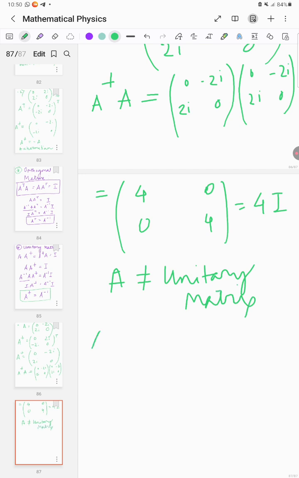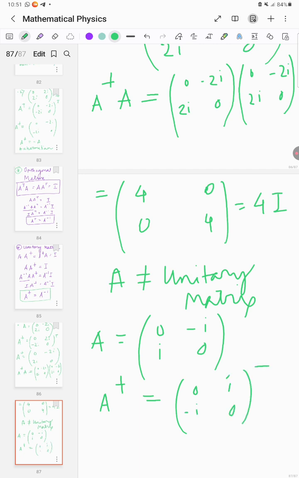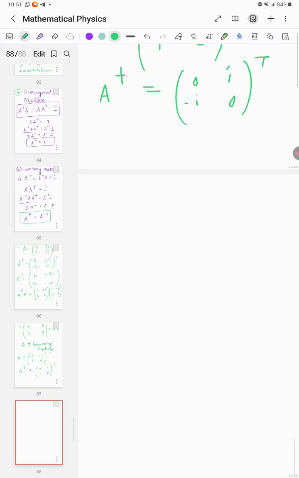But what if we take A to be [0, minus iota; iota, 0]? Then A dagger will change to [0, iota; minus iota, 0] transpose. So A dagger changes to [0, minus iota; iota, 0]. Alright.